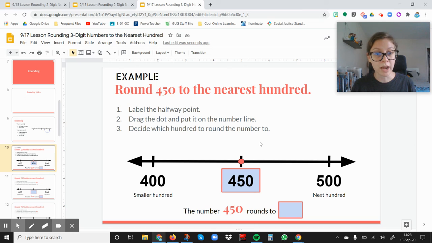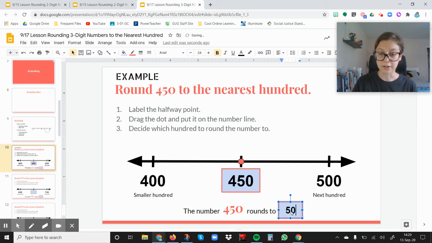In this case, whenever we have our halfway point as the number that we're rounding, we always round to the next hundred. So here, we're going to round to 500. Even though it's the same distance, we round up to the next hundred. So the number 450 rounds to 500.